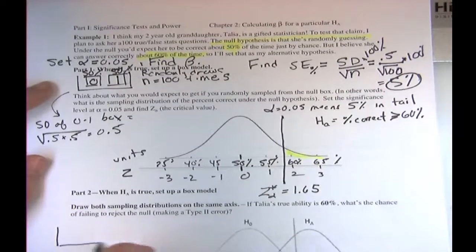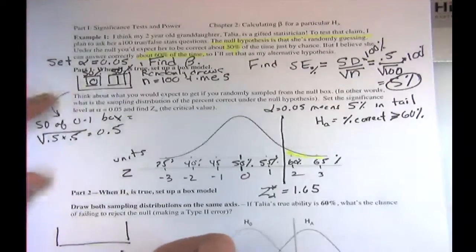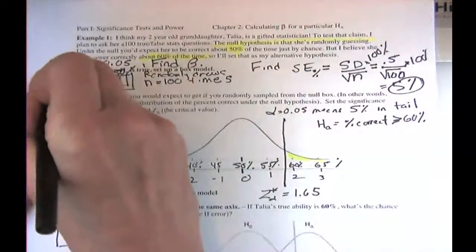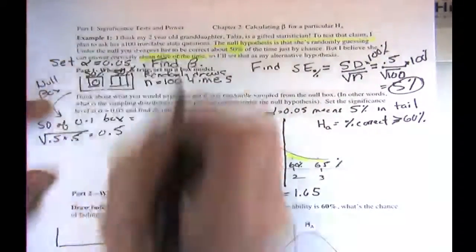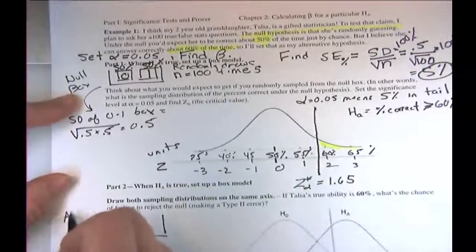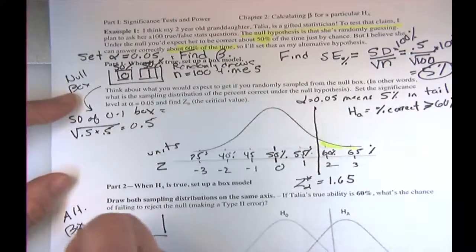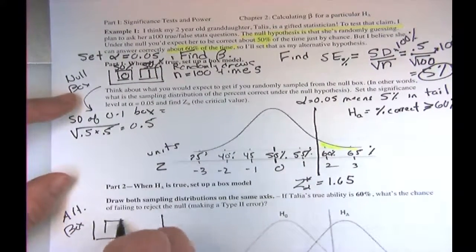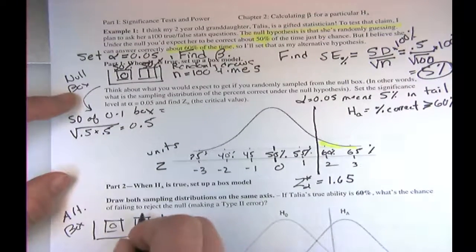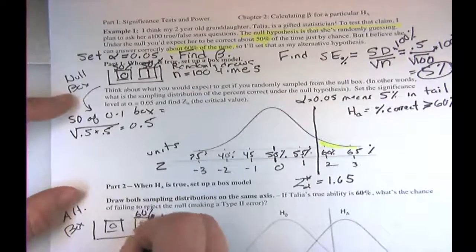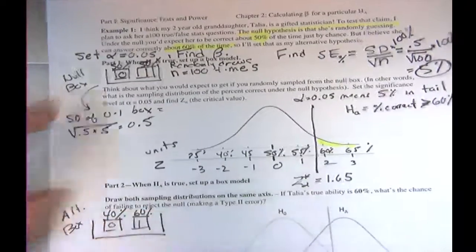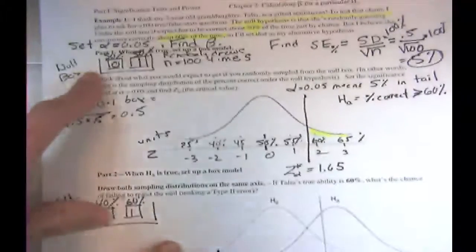And here's the alternative box for my other hypothesis, that the percent of ones that she's getting is going to be 60%.